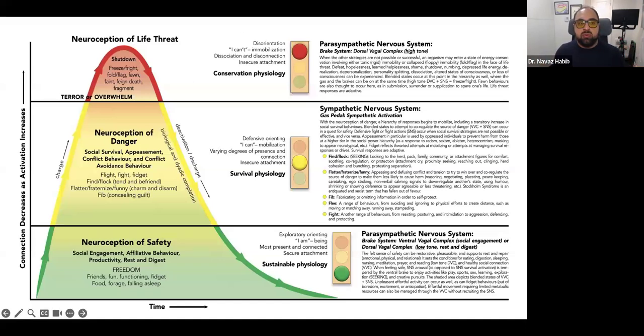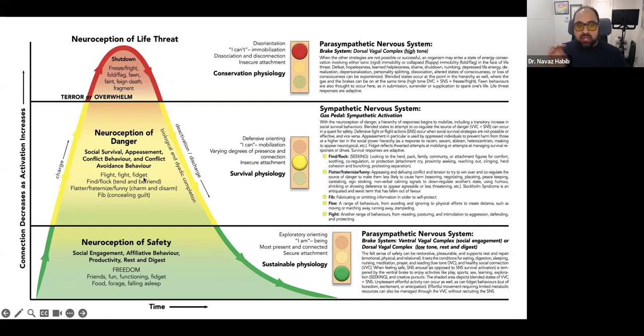And this is where we go into a state of conservation physiology, and we turn on the brakes, but the brakes are pushed as hard as possible, so people are frozen in this state. This is like severe depression, severe anxiety, very fragmented, very faint, very frozen experience. It doesn't happen too often, but when it does, it's severe and needs to be managed in a very particular way.